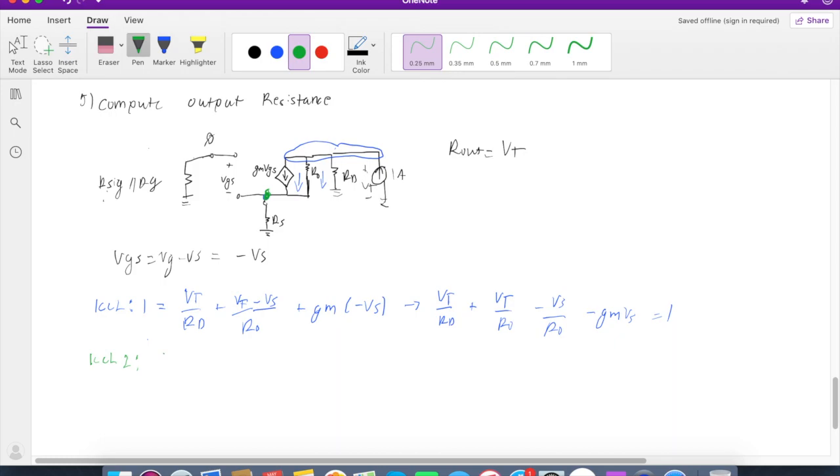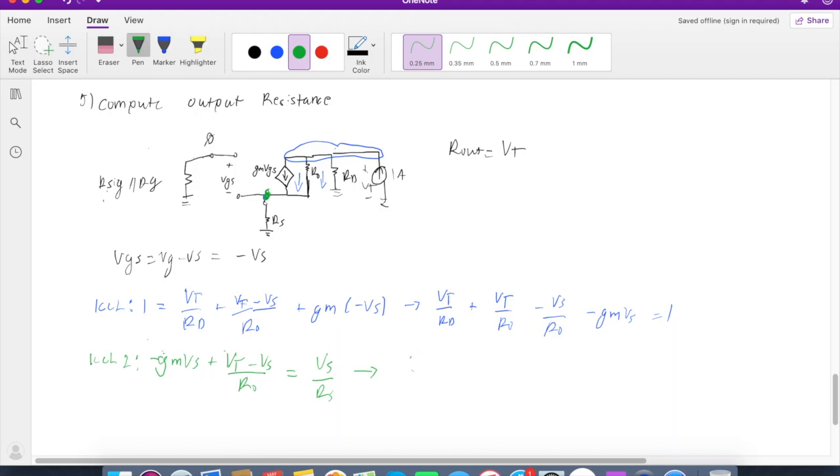So we'll have negative GM VS plus VT minus VS over R out equals VS over RS. So what we can see from this circuit is that we can easily get everything in terms of VT by making VS a function of VT. So let's do that here.